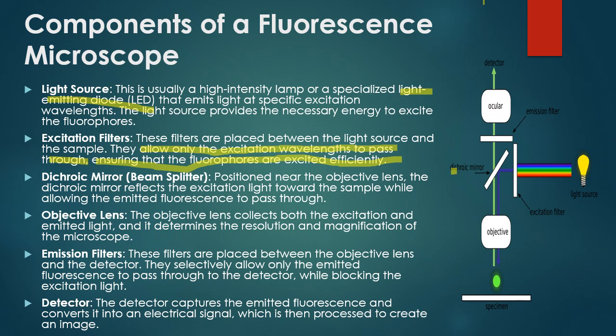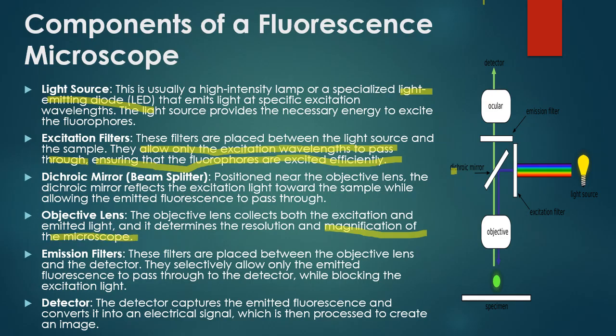Now this blue light moves to the dichroic mirror, and from the dichroic mirror it moves to the objective. What does the objective do here? The objective collects the excitation and emitted light, determines the resolution, and gives the magnification for the microscope.